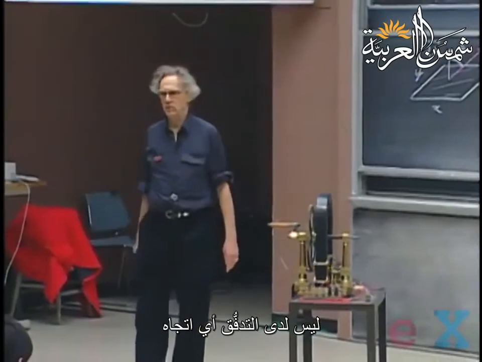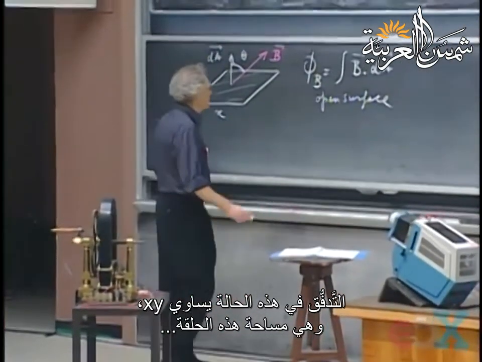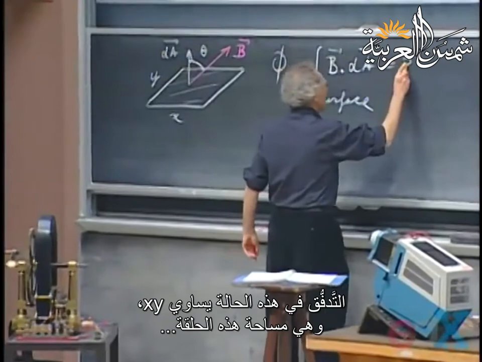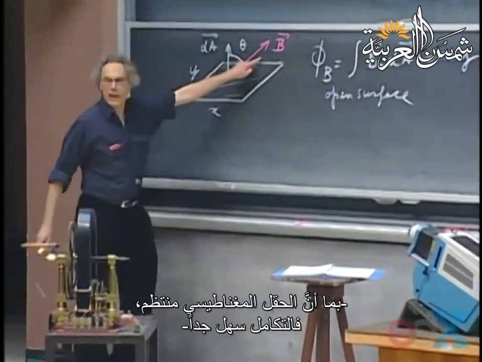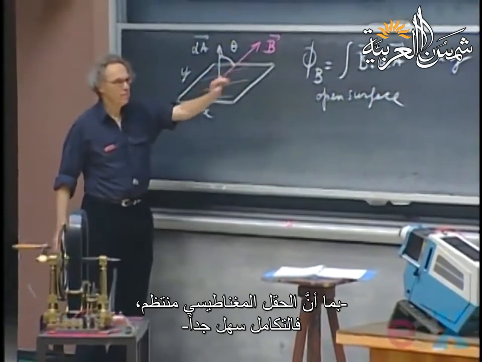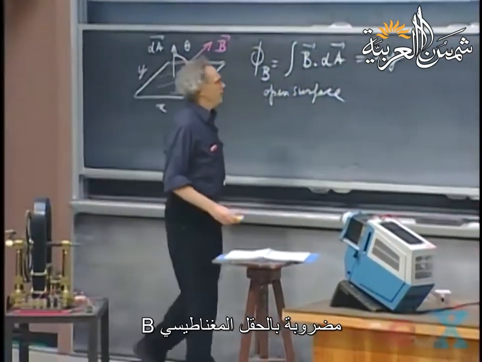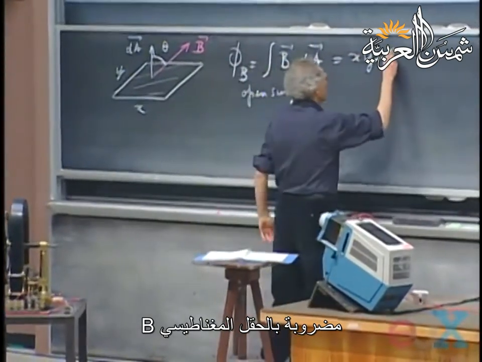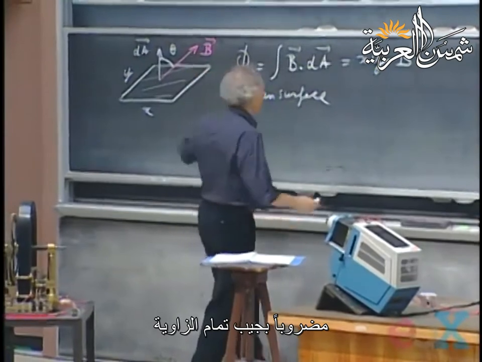Flux has no direction. So the flux, in this case, would be xy, which is the area of this loop, since the magnetic field is uniform. That's a very easy integral. And then I get the magnetic field B, and then I get the cosine of the angle.